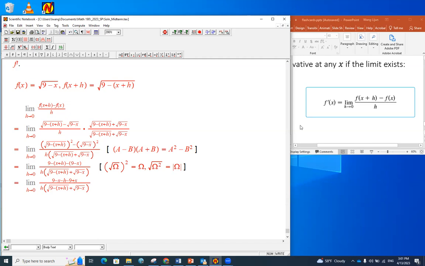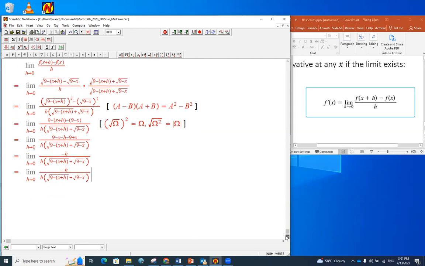There are tiny little details that you don't want to make mistakes on. 9 minus 9 makes 0, positive x, negative x, so we have a negative h left. The h on top and the h in the bottom are not 0, because h approaches 0 but h cannot be 0. Limit definition. So these two h's are gone, one from the top and one from the bottom, and the parentheses in the bottom are no longer needed.